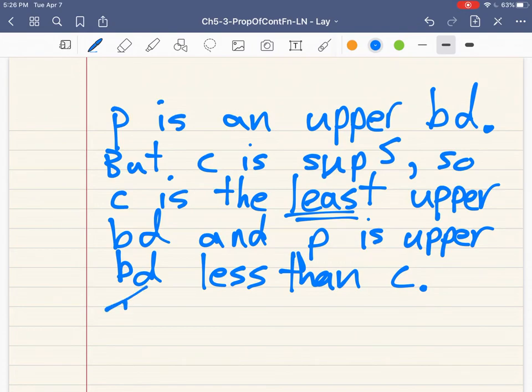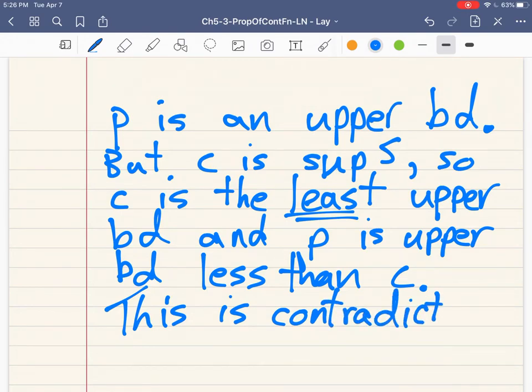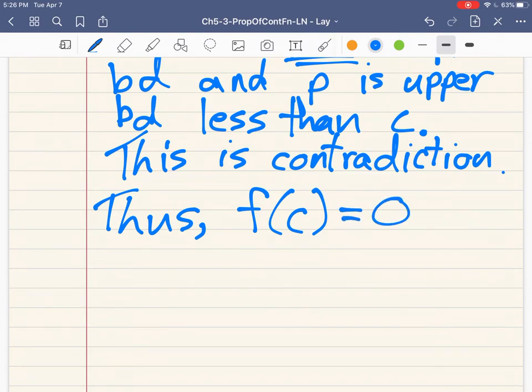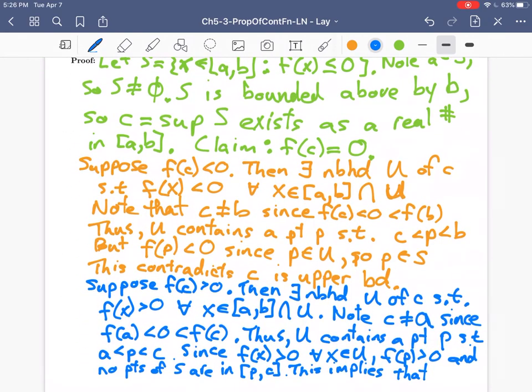This is a contradiction. Therefore, f of c has to be equal to 0. It can't be bigger than 0, can't be less than 0, so it has to be equal to 0. So we have this value in the interval that is equal to 0.